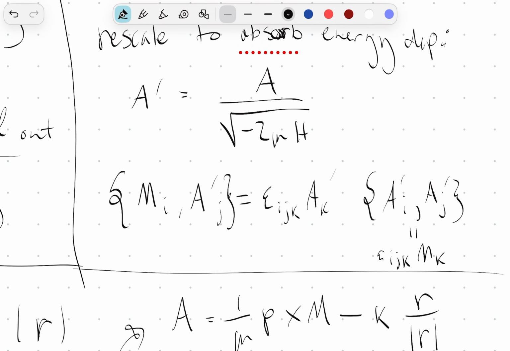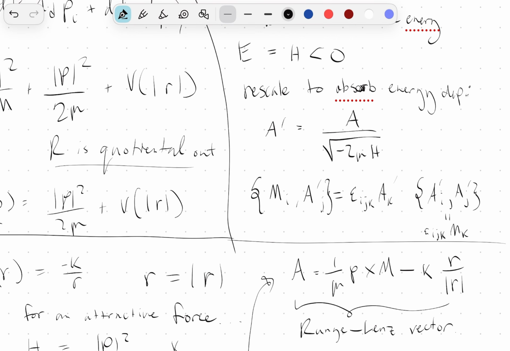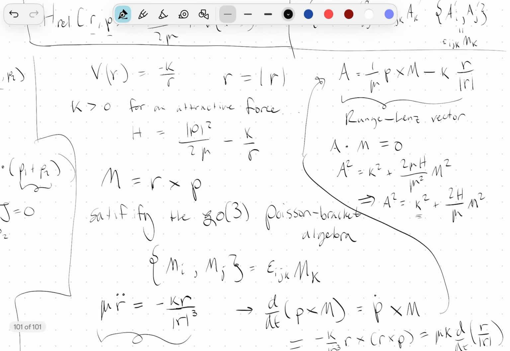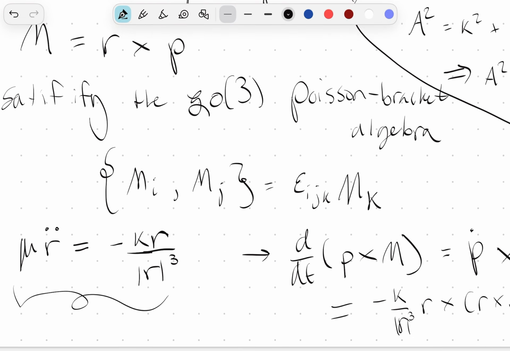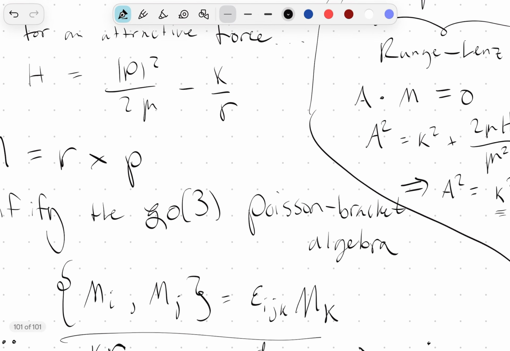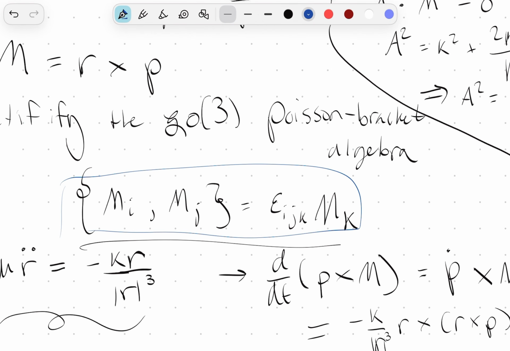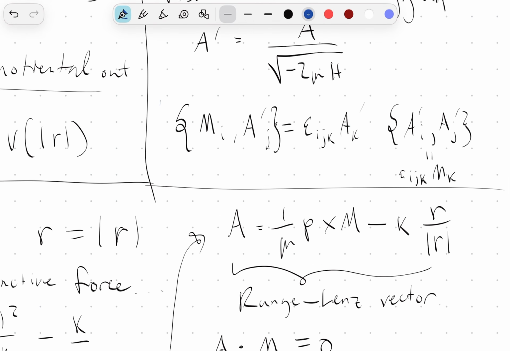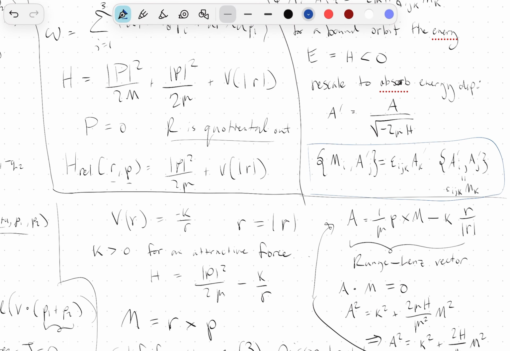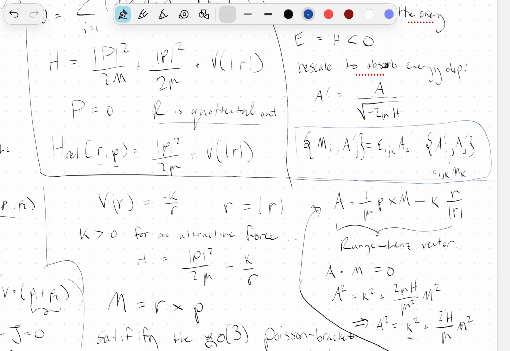So this together with the original SO3 Poisson bracket algebra, so this guy together with this, the 6 quantities. So we kind of have that these 6 quantities here are going to, here, let's make a new page. So let's write them out.